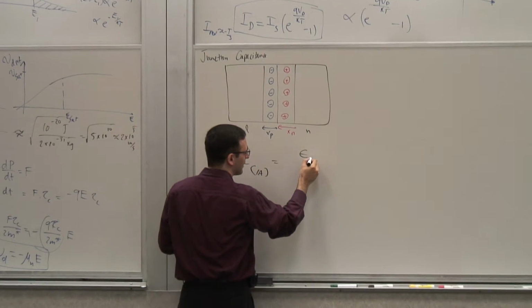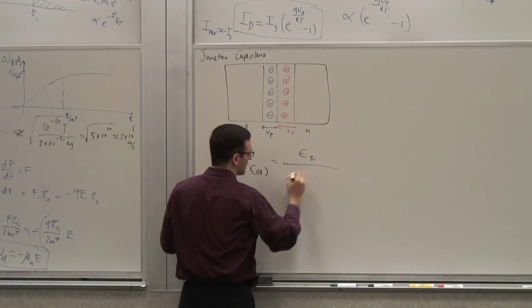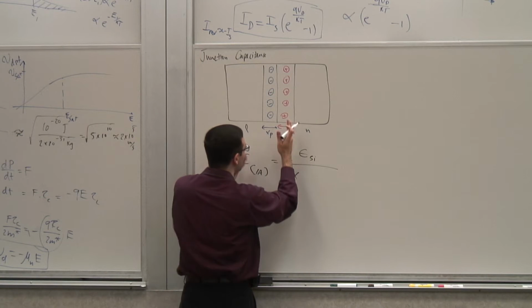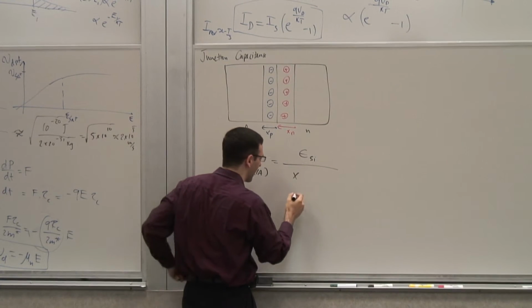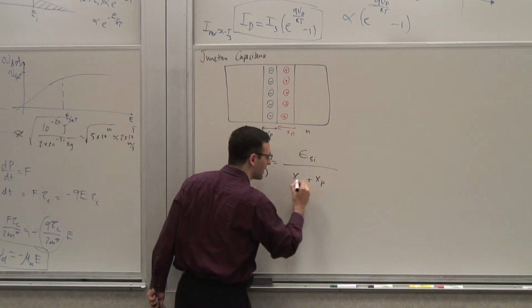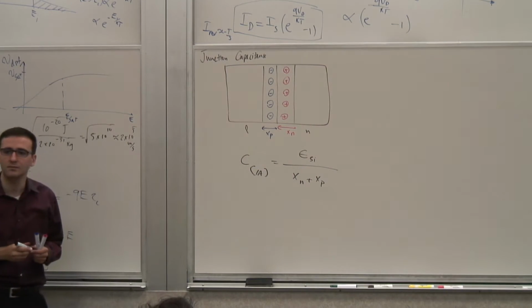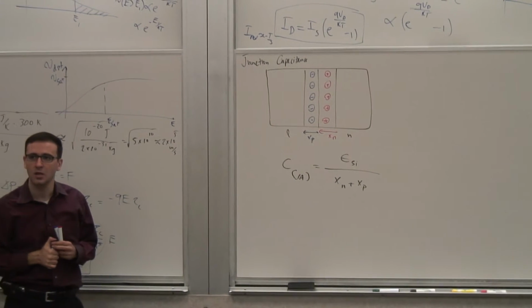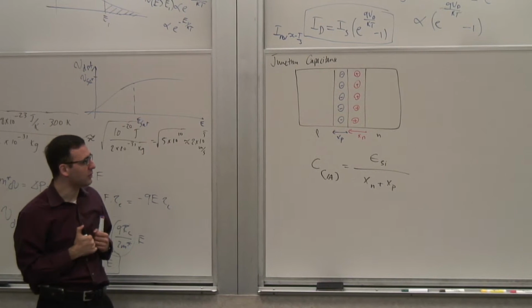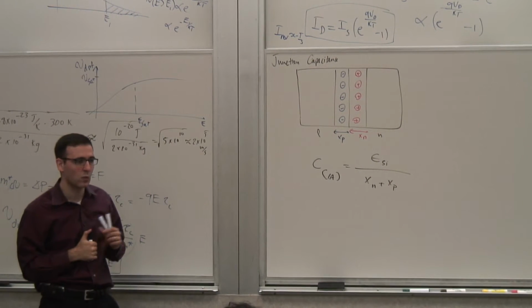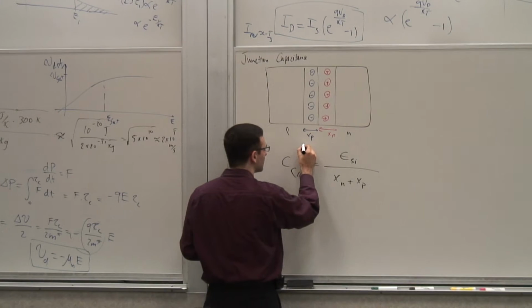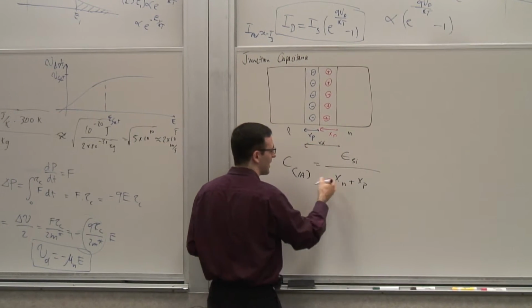It is epsilon of the silicon, the permittivity of the silicon, divided by the spacing of these two equivalent parallel plates, Xn and Xp. Right? Does that make sense? So if I want to calculate the capacitance per unit area, what I need to calculate is the width of the depletion region, or XD, which is Xn plus Xp.